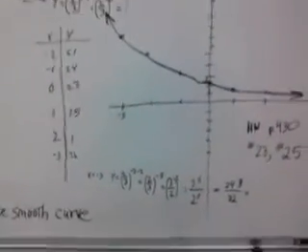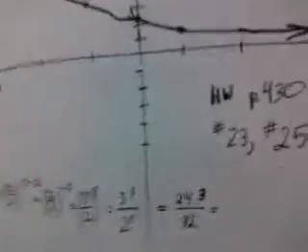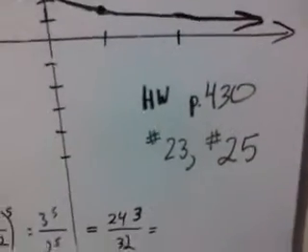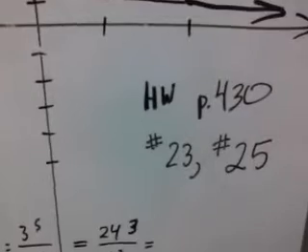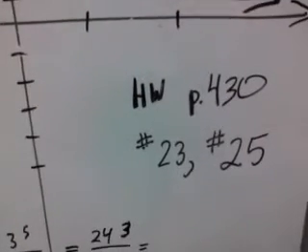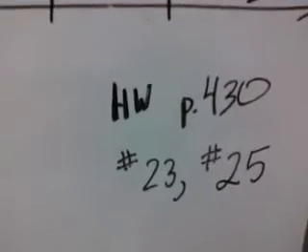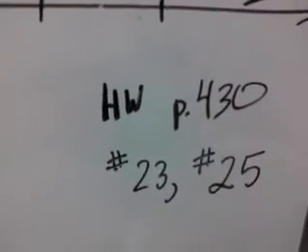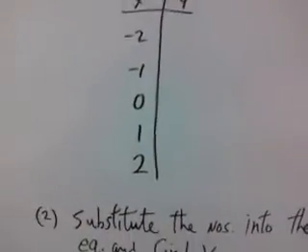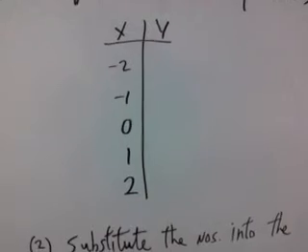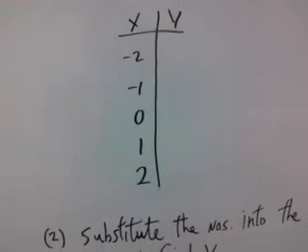Okay, for the exponential function, for homework, on page 430, you have to do problems 23 and 25. These two problems are problems on graphing the exponential function. And once again, for graphing the exponential function, you set up your table as indicated there. You're always going to start out with those same numbers.